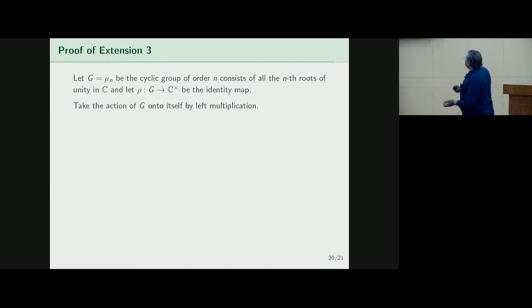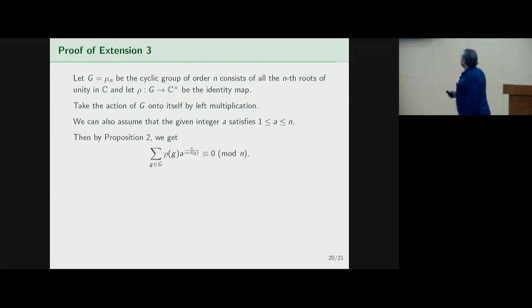We take the action of G on itself by left multiplication, and we can assume the integer a is from 1 to n minus 1, because 0 modulo n is otherwise trivial.